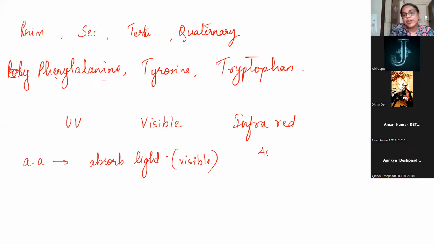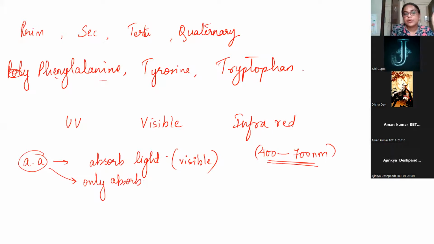It is somewhere between 400 to 700 nanometer. If you pass a light in this range on amino acids, they are not going to absorb it. They only absorb UV light.